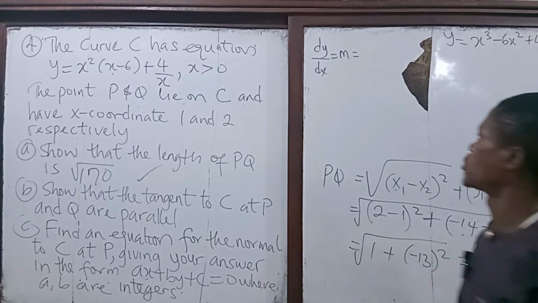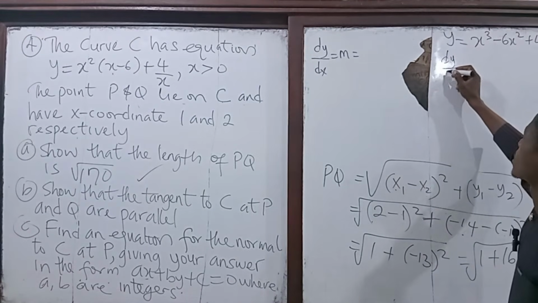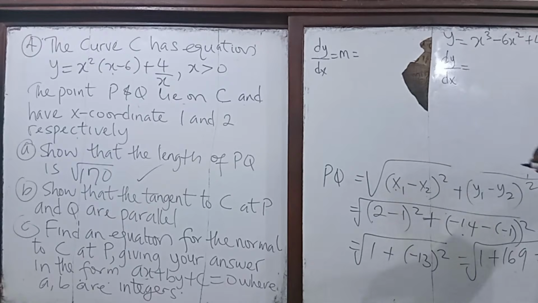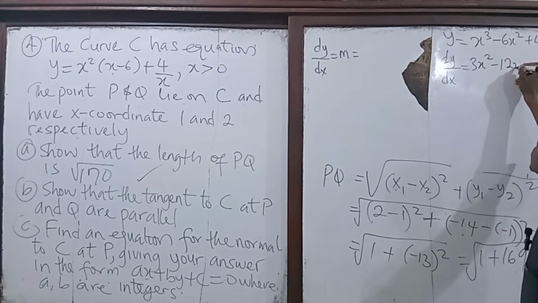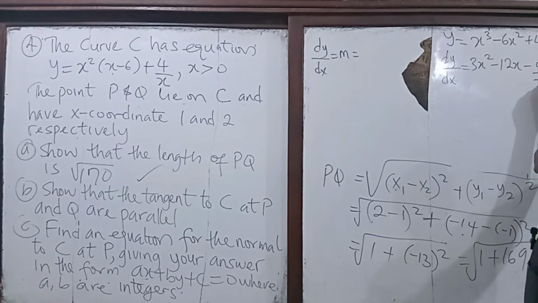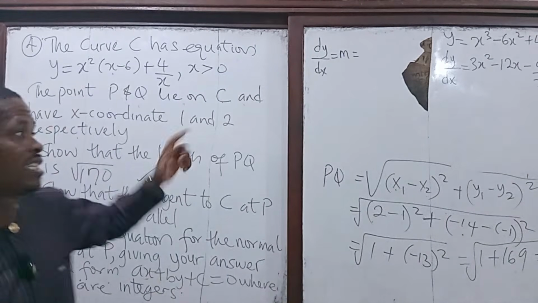So that's my y function. Now differentiate that. Your dy/dx will be equal to 3x squared minus 12x minus 4 over x squared. So that's the gradient.